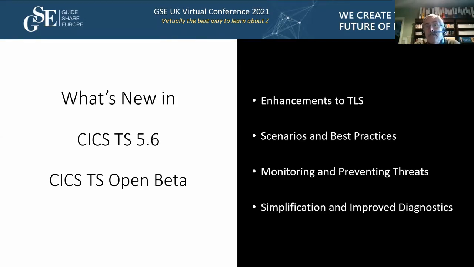Then go through some security scenarios and best practices. Following that, I'll be talking about enhancements that we've made to security monitoring and ways of preventing threats to the region. And finally, I'm going to talk about simplification and improvements in diagnostics, in which I'll also attempt to give a demo.